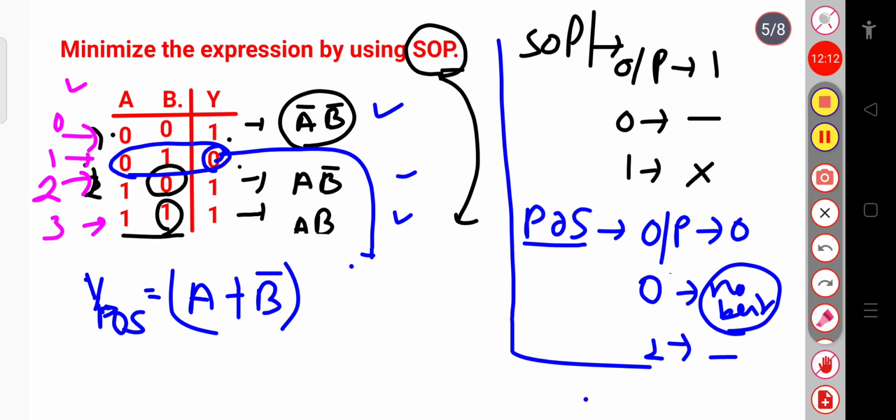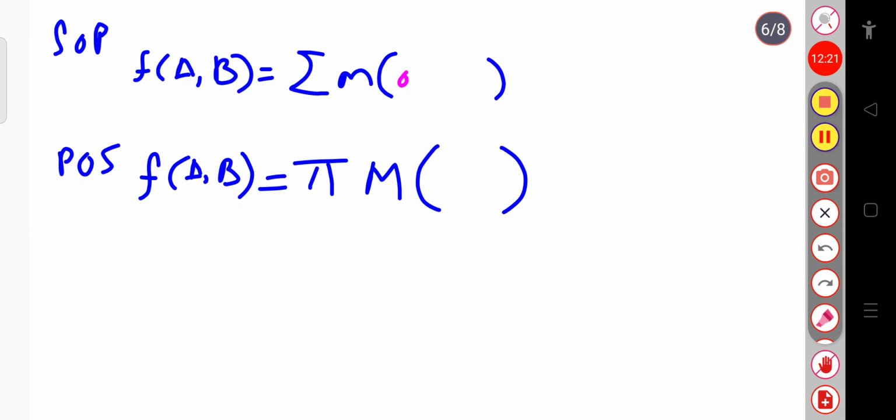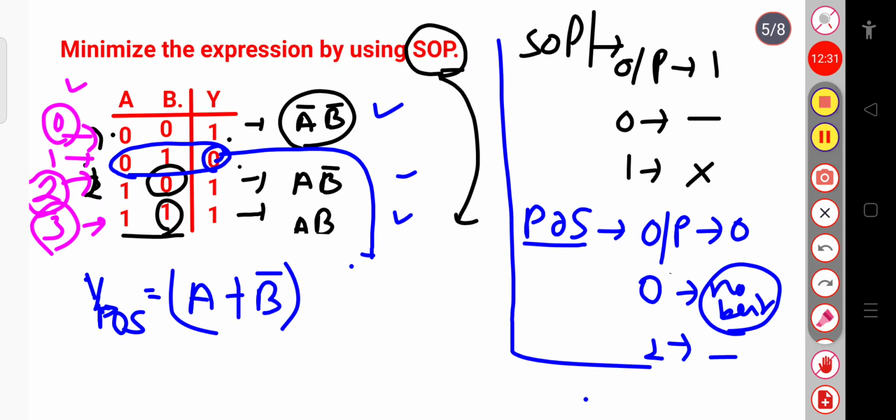For SOP we get the 0, 2 and 3 cases, so you take the summation over the 0, 2 and 3 terms. We just calculated A bar B bar plus A B bar plus AB. So this is the sum over product, and similarly for POS we only consider the term for 1.